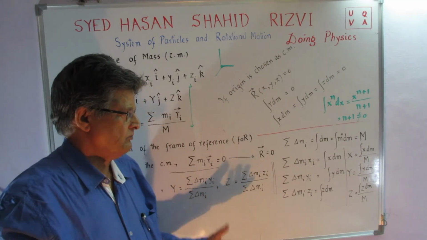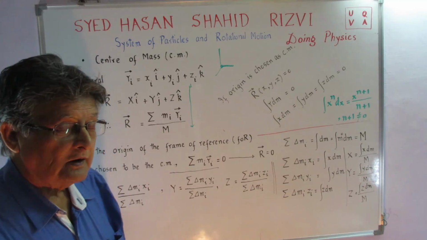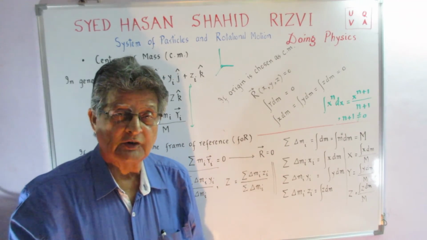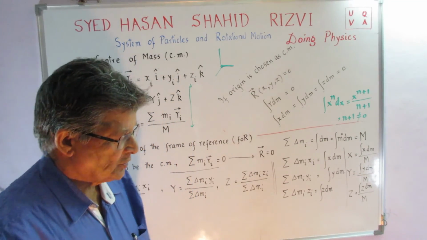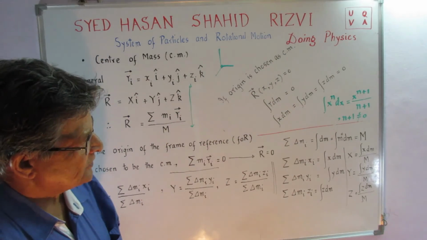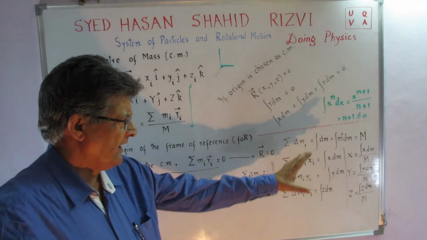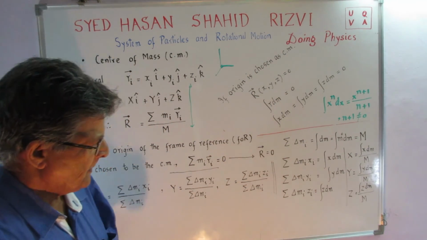There may be occasions for rigorous calculations when the density of the body under consideration is also changing with distance. Then the complexity comes, but for our level it's enough to understand up to this.